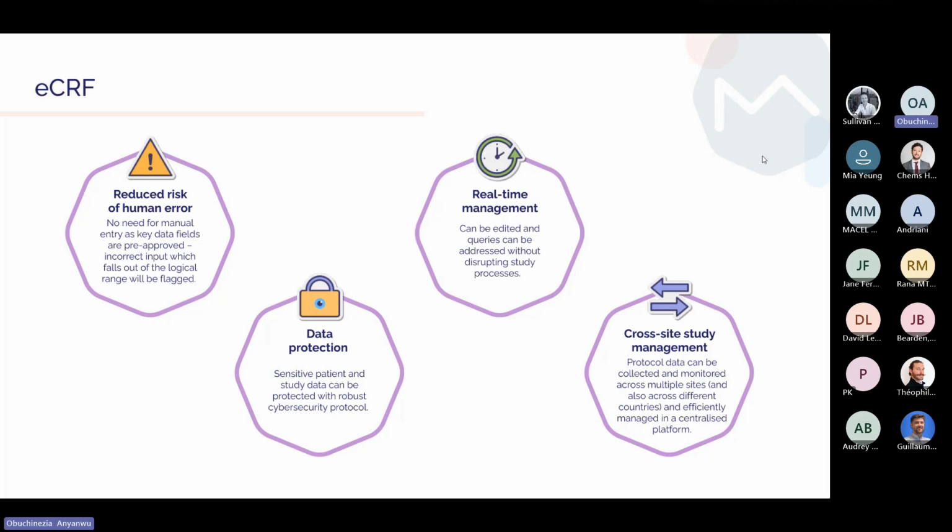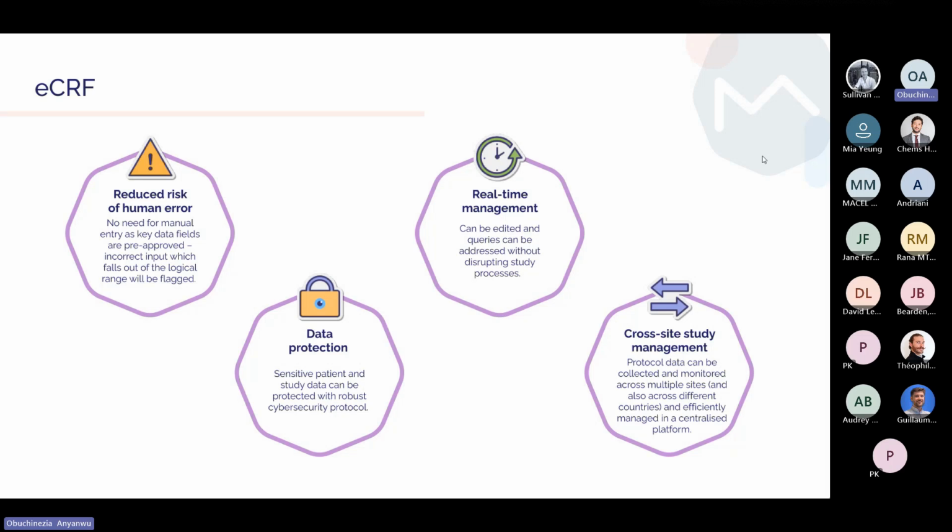With case report forms, here are some key reasons as to why a clinical study team would want to implement an electronic case report form. Firstly, we have reduced risk of human error. There's no need for manual data entry, as key data fields are generally pre-approved.